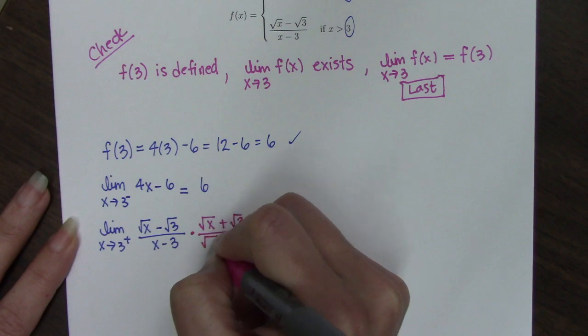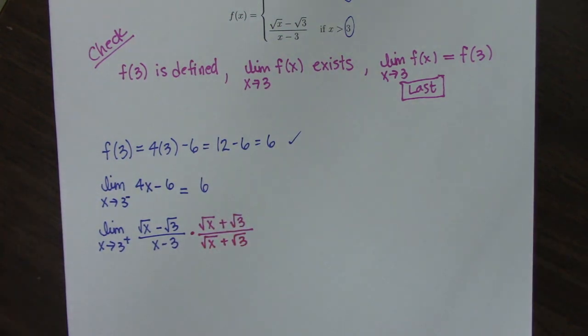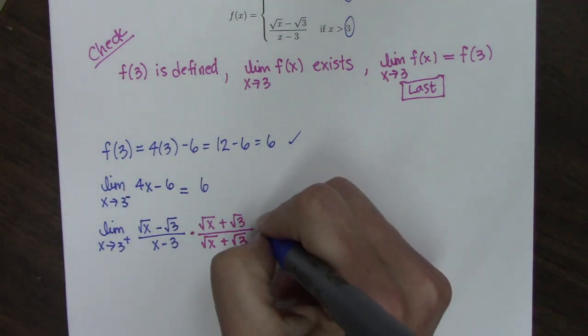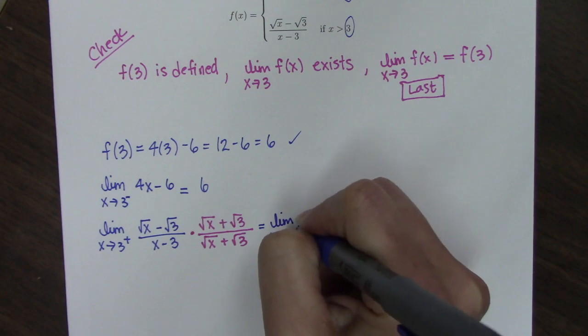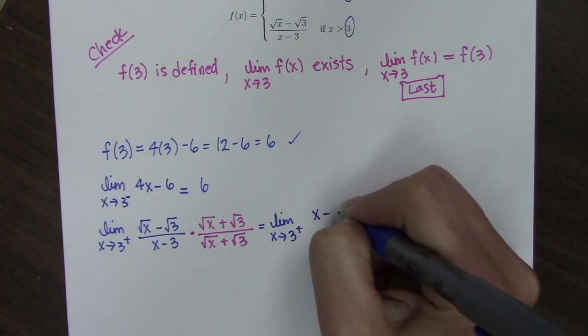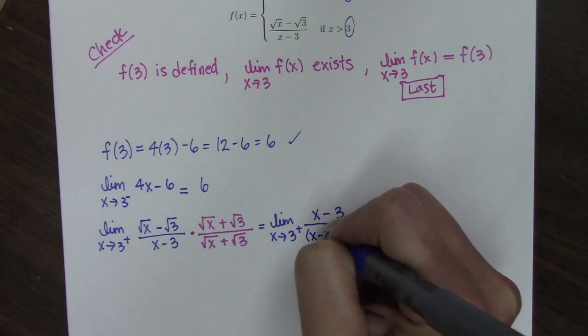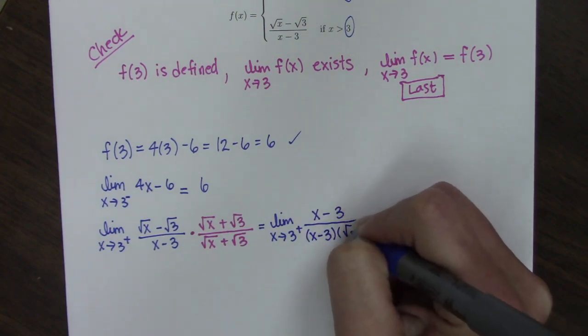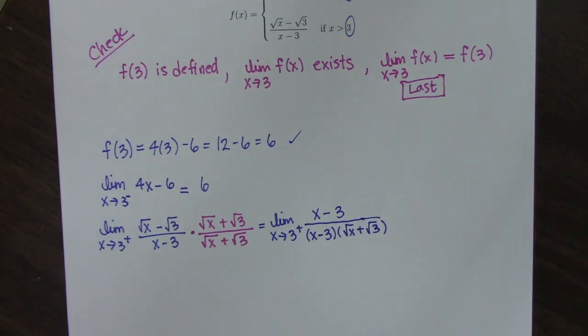That means I also have to multiply the denominator by the same thing. So now my new limit is the limit as x approaches 3 from the right of x minus 3 over x minus 3 times square root of x plus square root of 3.